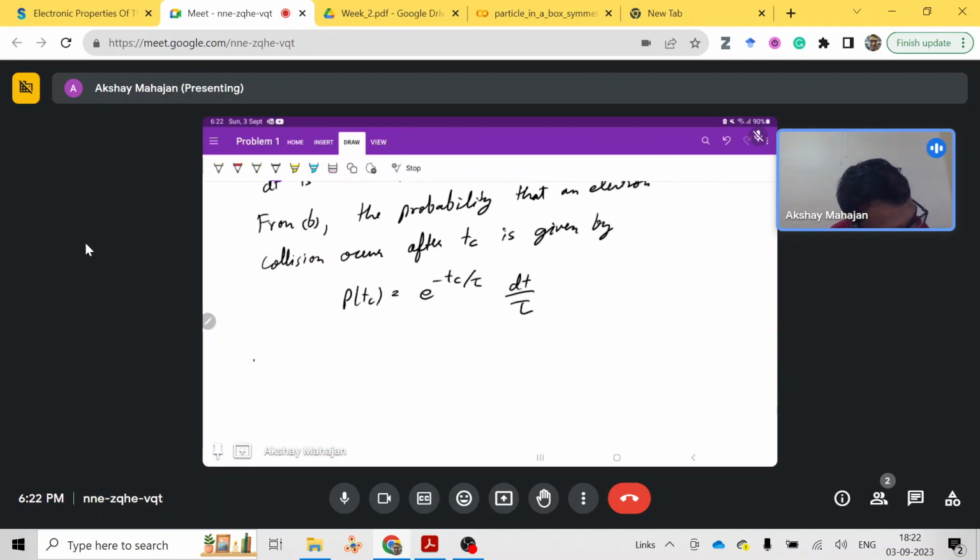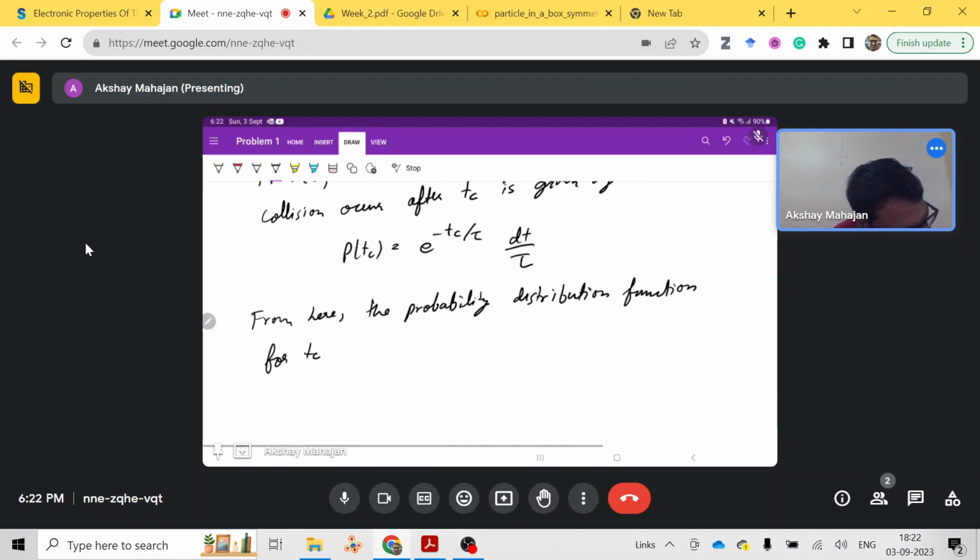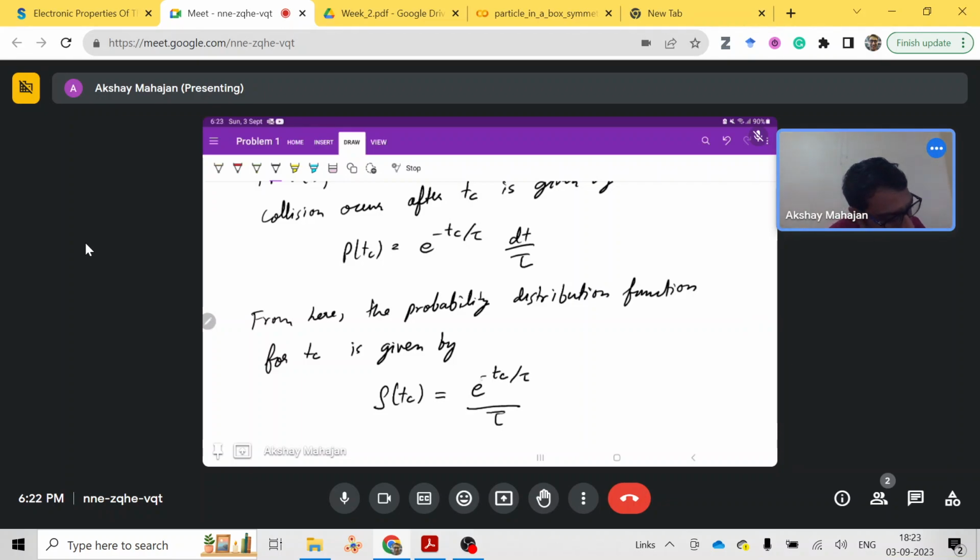Now from here, the probability distribution function for Tc is given by rho of Tc, e to the power minus Tc by tau, because that is the probability. And if we have the probability, we can get the probability distribution like this.